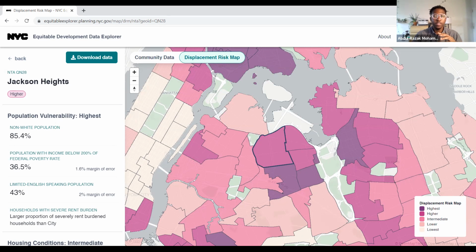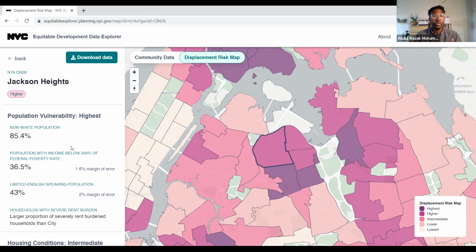When we then go to the specific data factors, we'll start with the population vulnerability. And population vulnerability basically focuses on different data points that tell you about the kind of economic situation and other types of identity factors that make someone more or less vulnerable to having housing instability in the current market.